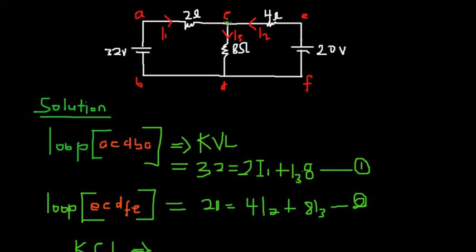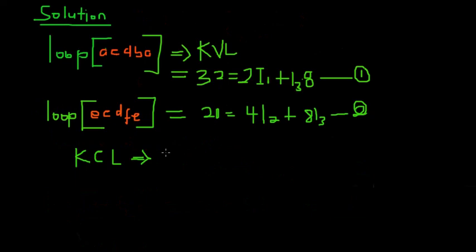You could notice that current I1 is entering this node, current I2 is also entering this node, but current I3 is leaving the node. So our KCL will be I3 equal to I1 plus I2. This will be our equation 3.